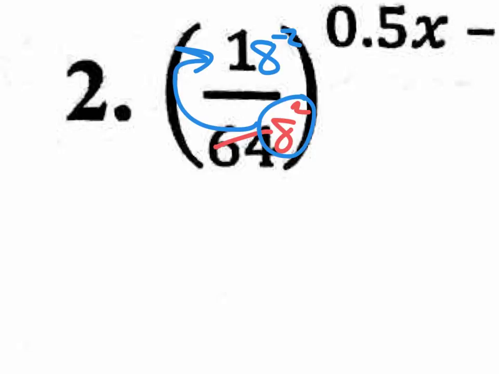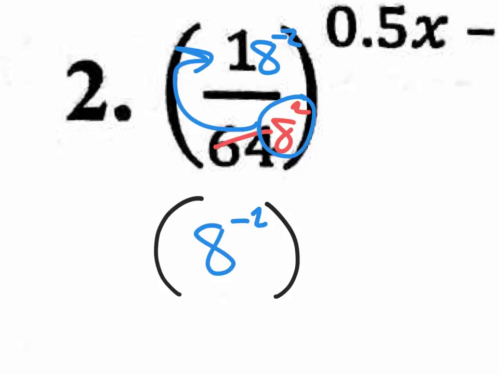Okay, so that's really ugly right there, but I hope you understand that this is what it ends up looking like. I want to put 8 to the negative 2 power. I said negative 1, sorry, it's negative 2. So 1 over 64 truly is 8 to the negative 2 power. You guys agree with that?